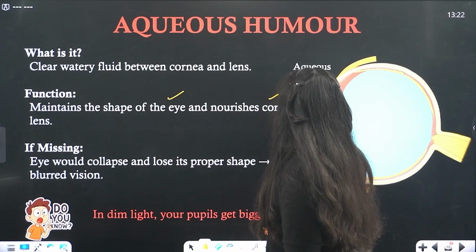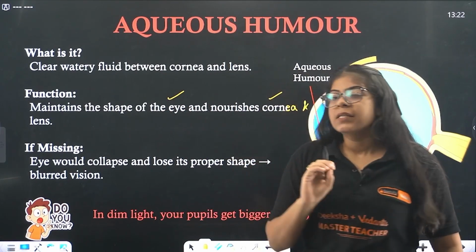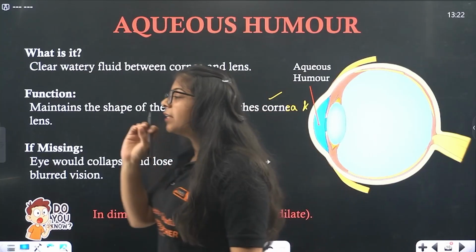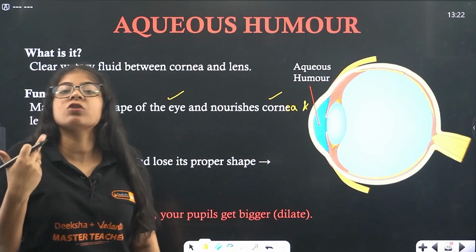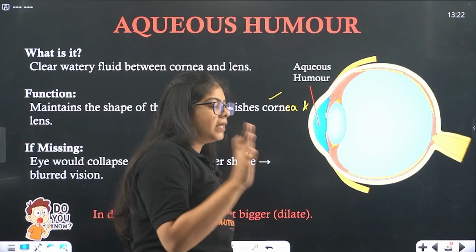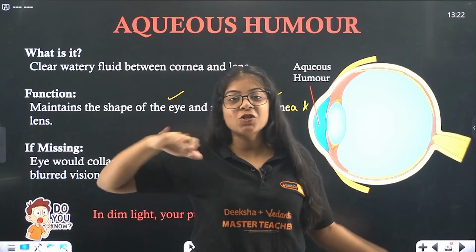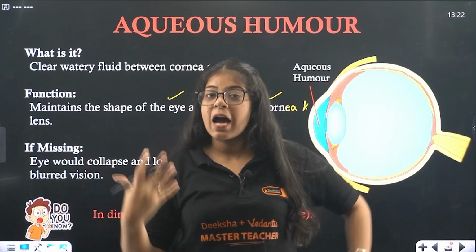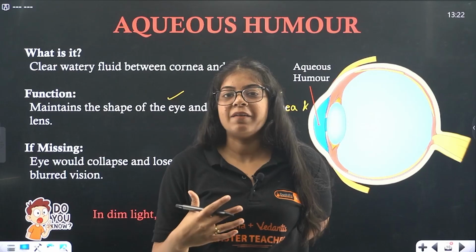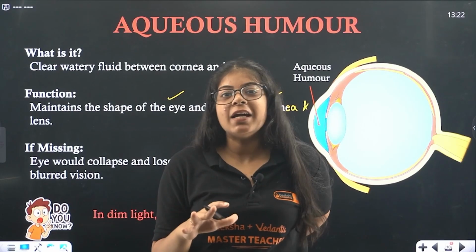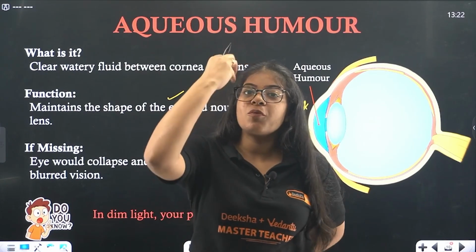Nourishes the cornea and lens. So see beta, everything in our body needs blood, needs oxygen, right? But this cornea does not get oxygen from our blood vessels. Our body gets oxygen from blood vessels, right? But the cornea does not. The cornea gets oxygen from the air.